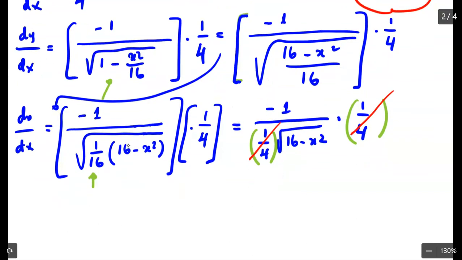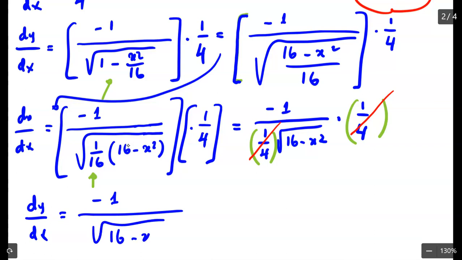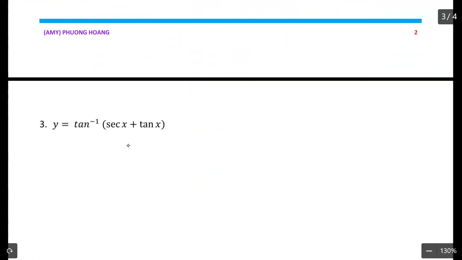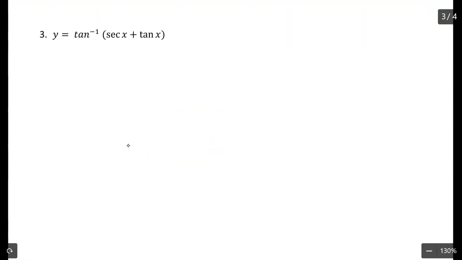So then my final answer, dy over dx, will be equal to minus 1, the whole thing divided by square root of 16 minus x squared as the final answer. Alright, okay. So let's move on to the next question. So in this question, I am finding the tangent inverse of the argument, and my argument is secant of x plus tangent of x.